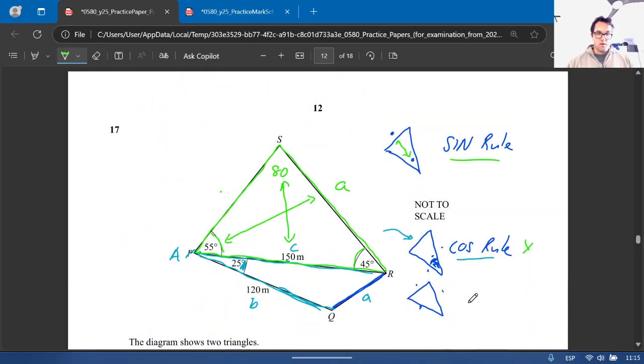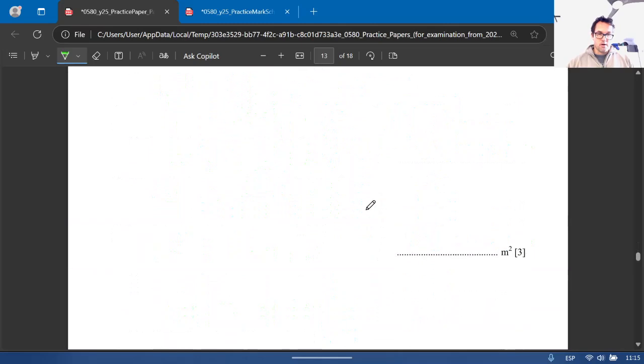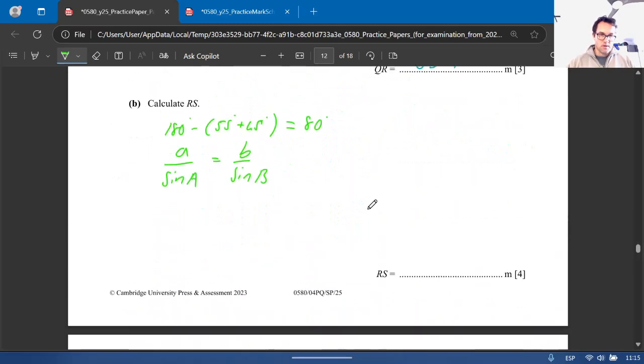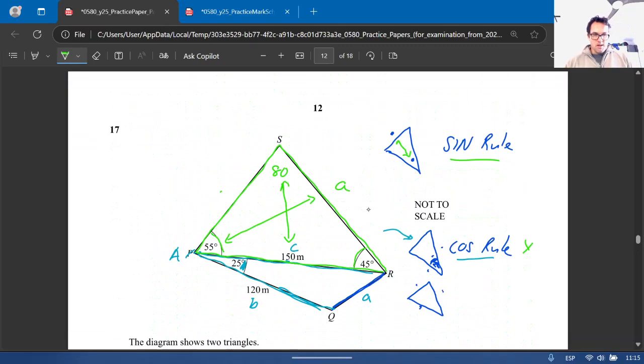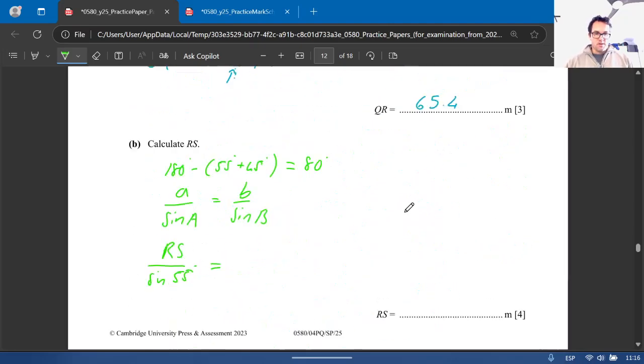So we want to know what is RS. So it's RS over sin 55. And then b would be, in this case, the other side, and that will be our b in the formula. So 150 over sin 80.